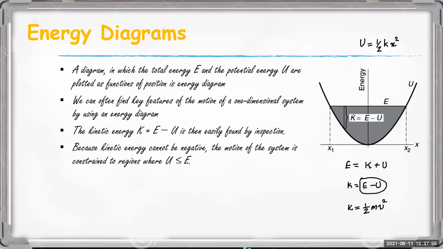We know that the total energy of the harmonic oscillator is a constant. If a quantity is constant over the position, then it must be a straight line. So this parabolic path is represented by U, and a straight line is represented by E. Actually, these two lines constitute the energy diagram.